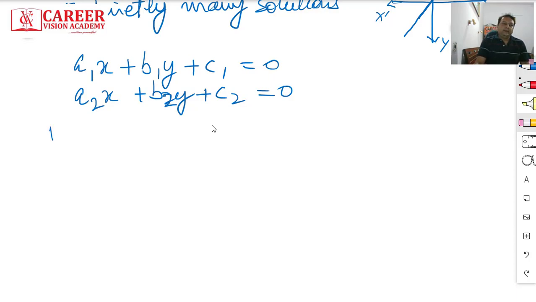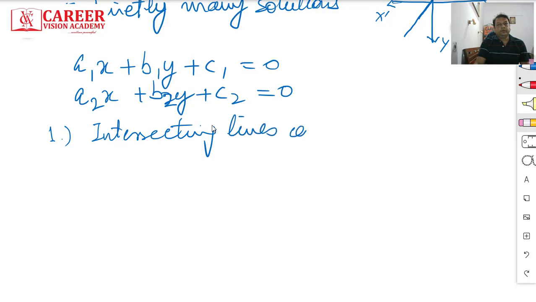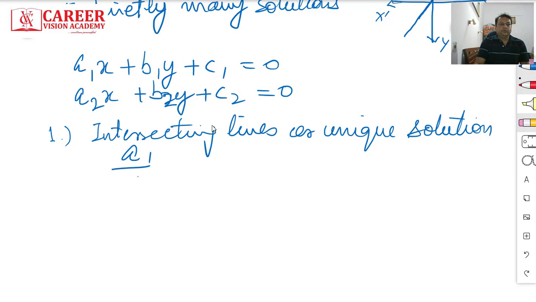We can start with the unique solution, or intersecting lines. For intersecting lines, or unique solution, we have a1 upon a2 is not equal to b1 upon b2.